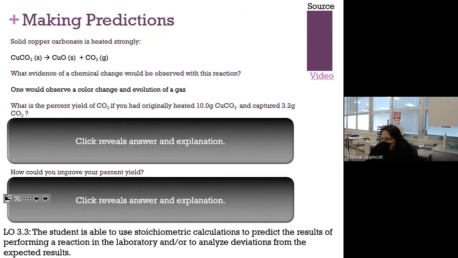All right, so that's where we're at: what is the percent yield of CO2 if you originally heated 10 grams of copper carbonate and captured 3.2 grams of carbon dioxide? So what would your percent yield be here? A little stoichiometry going on here, huh? Welcome back to the Stoic.